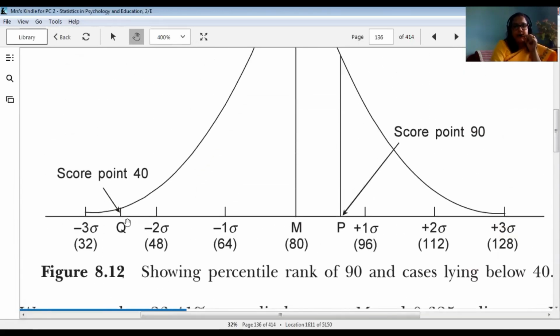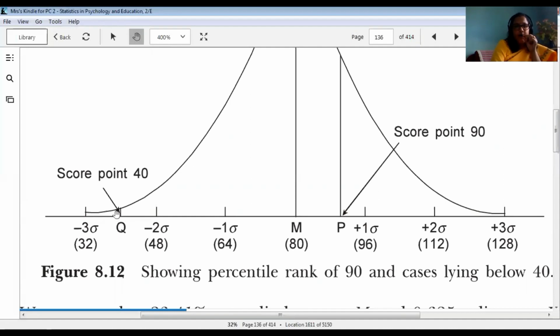You see, it is the score point 40, and according to this sum, you need to find out the number of individuals or percentage of cases scoring below 40. So when you are asked to find out the percentage of cases below a particular point, then you need to go to this side.